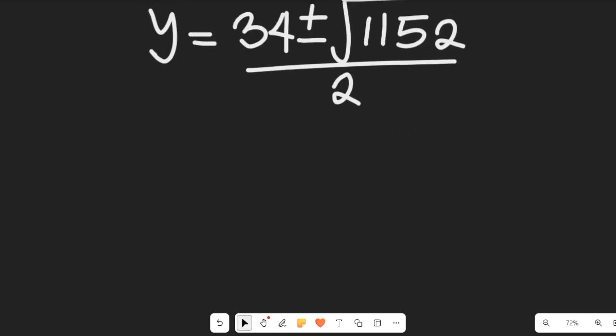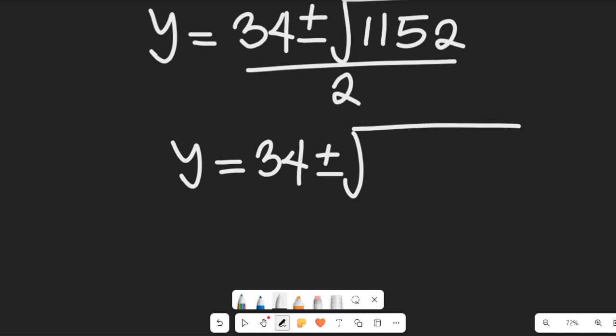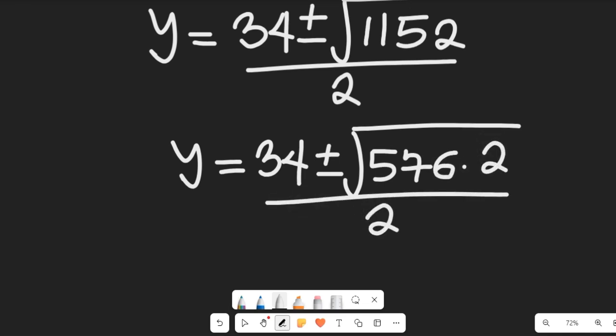From that expression, the value of our y will now be equal to 34 plus or minus the square root of, simplifying this to its factors, 576 multiplying 2, and all of these will be divided by 2.